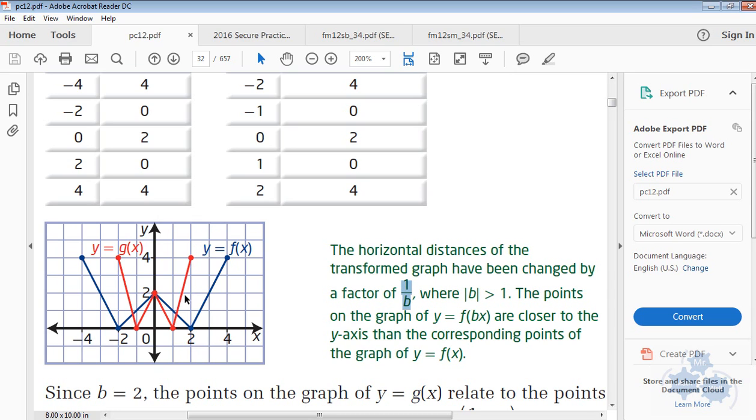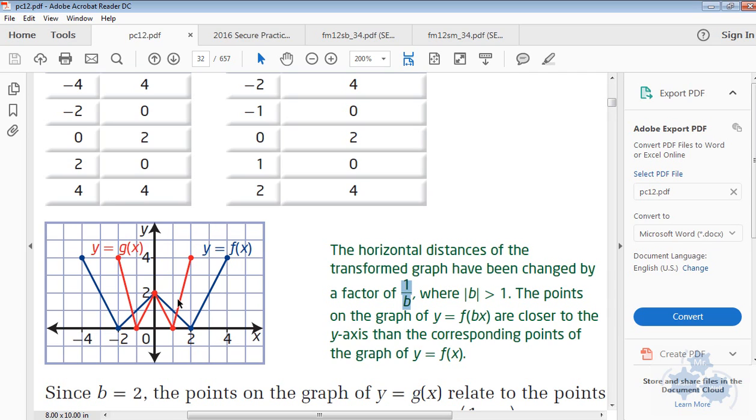So if we have a 2, then you take the x values of the original function and you multiply them by 1 over 2. If we have a b value of 5, so if it's y equals f of 5x, then each x value is multiplied by 1 over 5.